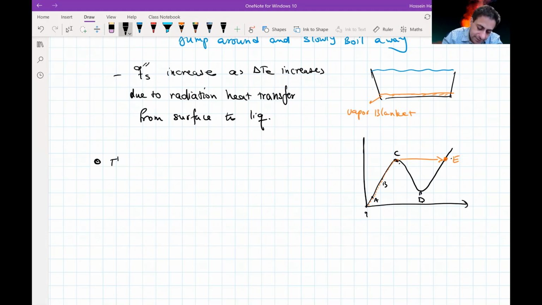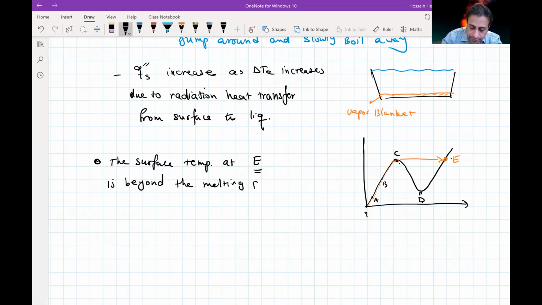The surface temperature at point E is beyond the melting point of most materials that we are using for heaters.